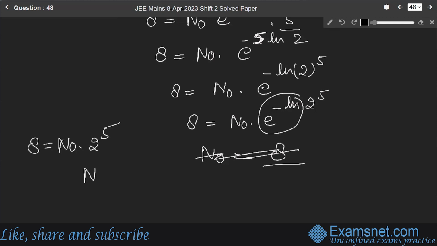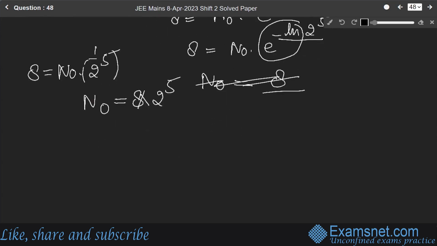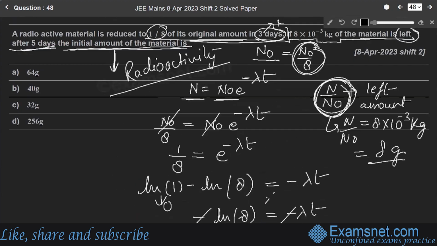So n naught becomes 8 into, since it is minus of ln 2, we can write it as 1 over 2 raised to the power 5. So it will become 8 into 2 raised to the power 5. So n naught is equal to 256 gram. Got it? I'll repeat it once again.